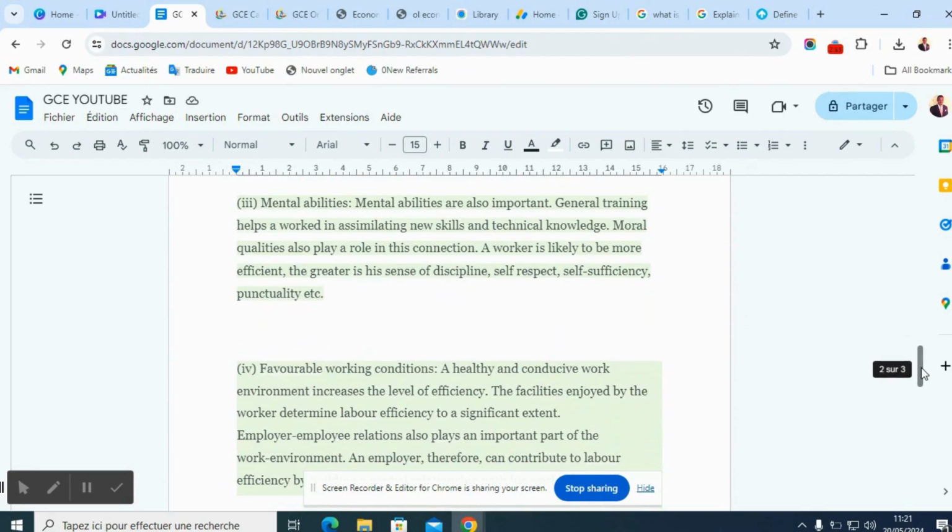Mental abilities are also important. General training helps a worker in assimilating new skills and technical knowledge. Moral qualities also play a role in this connection. A worker is likely to be more efficient the greater his sense of discipline, self-respect, self-sufficiency, and punctuality.